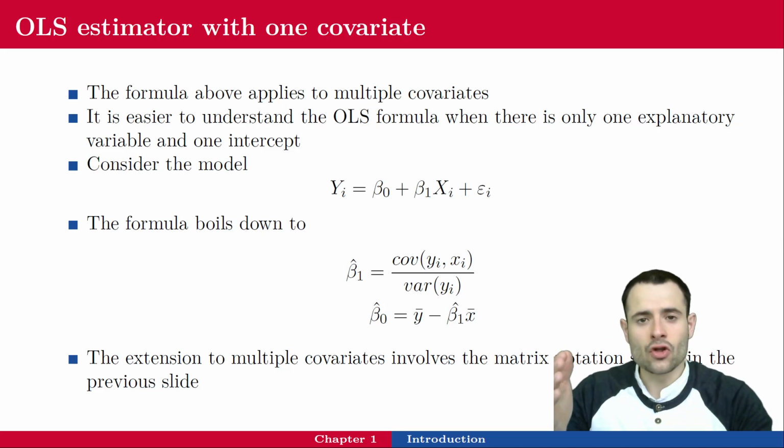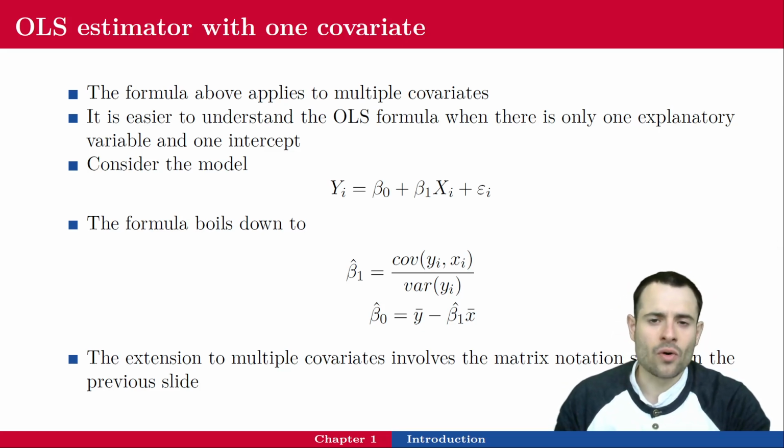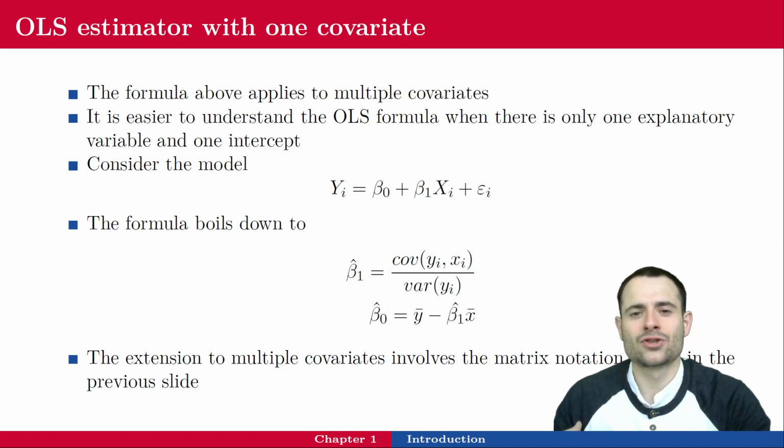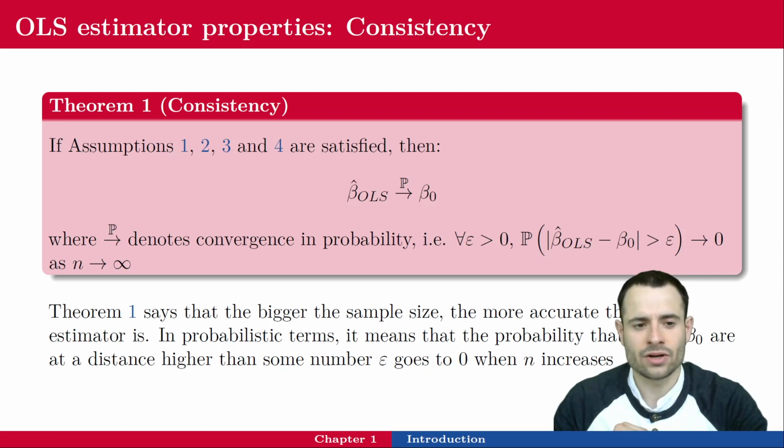So this is no more than one guess among many other guesses. It is more or less educated. I would say it's more educated than my personal ballpark guess because of the properties of the estimator. And here is the first one.